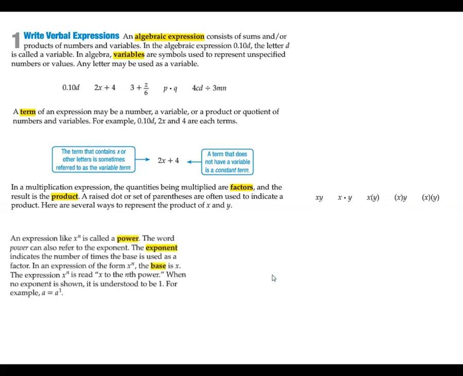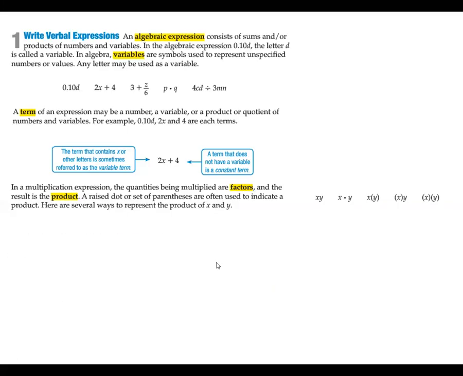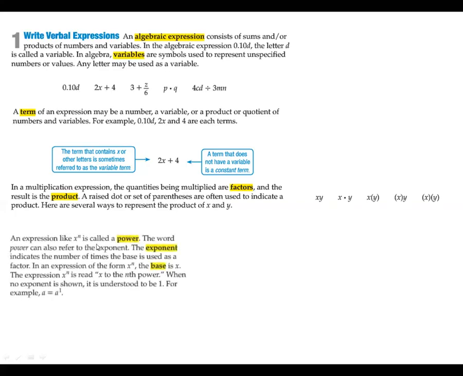An expression like x to the n is called a power. The word power can also refer to the exponent. The exponent indicates the number of times the base is used as a factor. In an expression of the form x to the n, the base is x. This is read as x to the nth power.